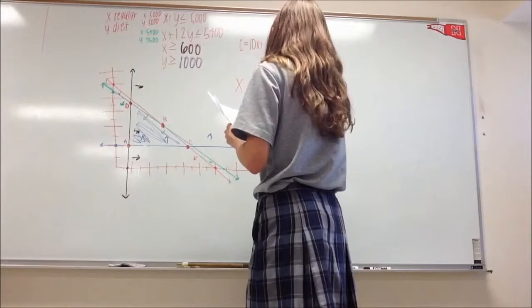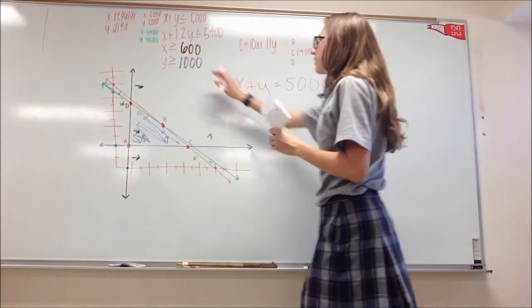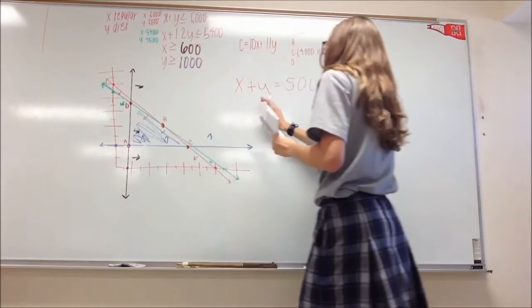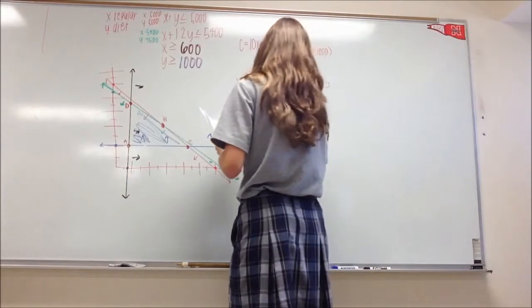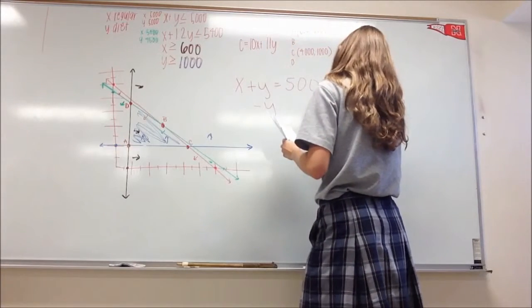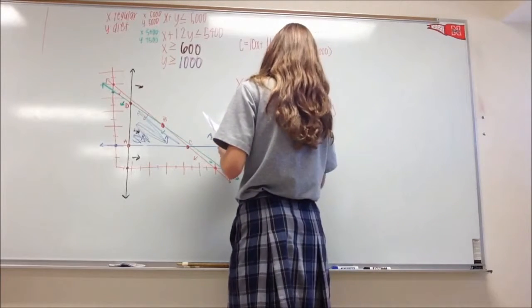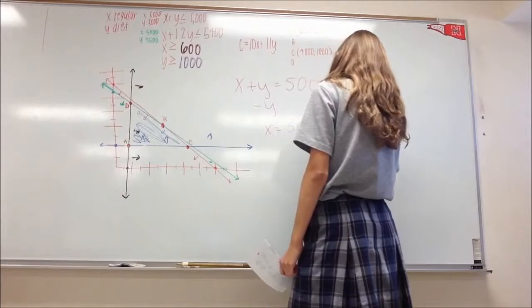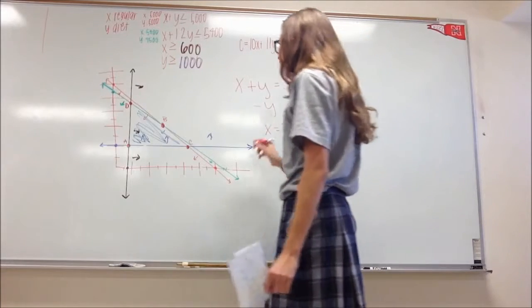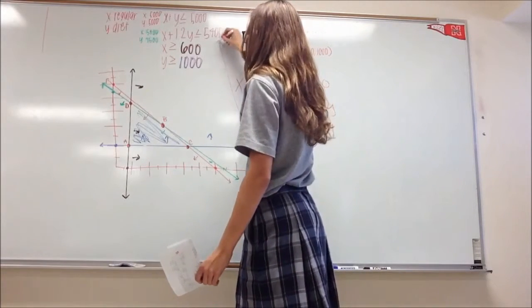Since x is by itself in this equation, we took the y and subtracted it over. You get x equals 5,000 minus y.